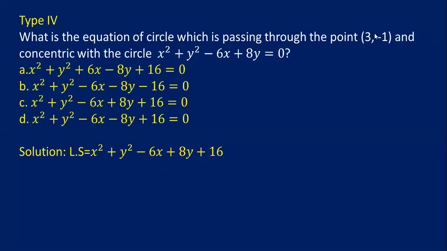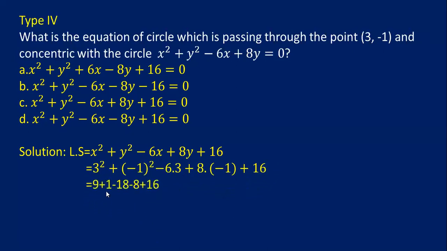Now we'll put the values x = 3 and y = -1. Here 3² + (-1)² - 6(3) + 8(-1) + 16, that means 9 + 1 - 18 - 8 + 16, that is 26 - 26, that is 0. The point satisfies the equation, so the option C is correct.